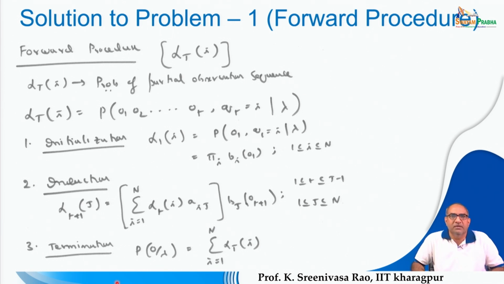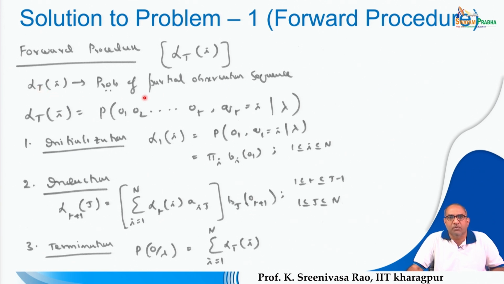Therefore, we discussed another way of evaluating P of O given lambda, known as the forward procedure. It consists of estimating the forward variable alpha t of i. Here t is not capital T; it is some time instant t.